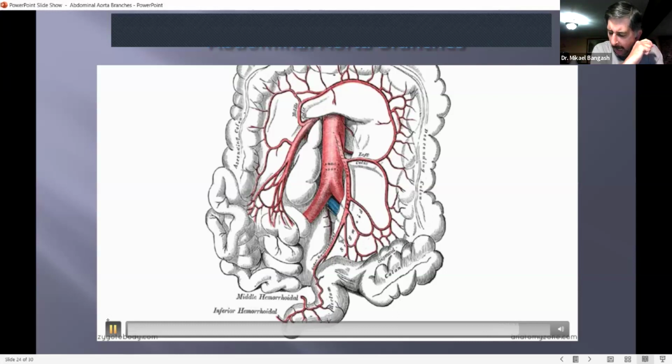And then finally we've got the superior rectal artery, which supplies the distal sigmoid colon and the proximal rectum, and it has two branches. It splits at the level of the body of S3, and it crosses from the abdominal cavity into the pelvic cavity. So that's the inferior mesenteric artery.